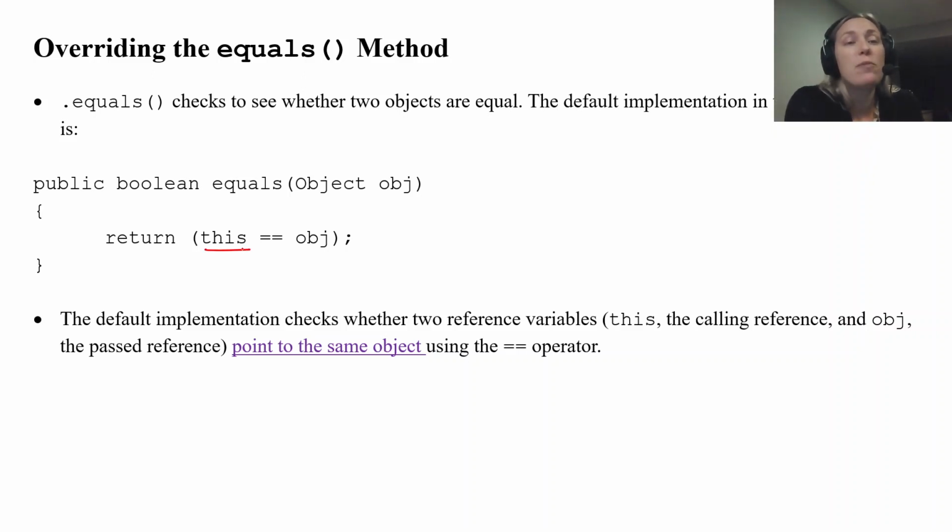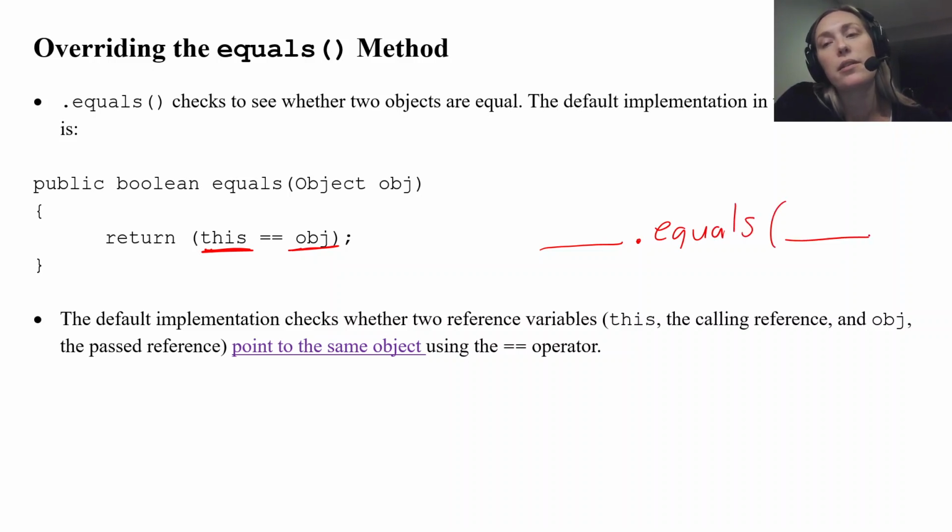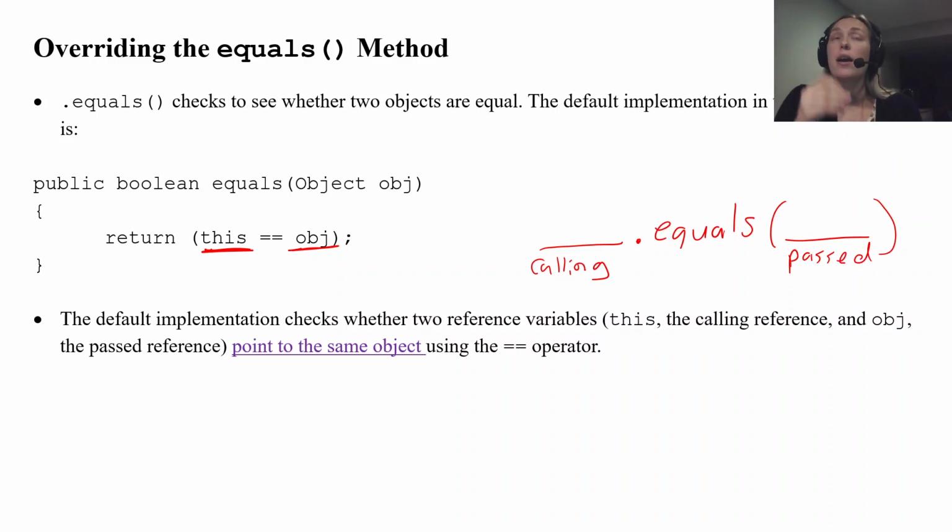So this is the keyword that refers to the calling reference, and obj is the passed reference. When we have something like this.equals(obj), this is the calling reference, and obj is the passed reference. In this place we put our reference variables, whatever they are.